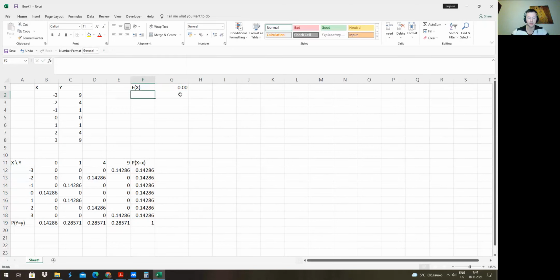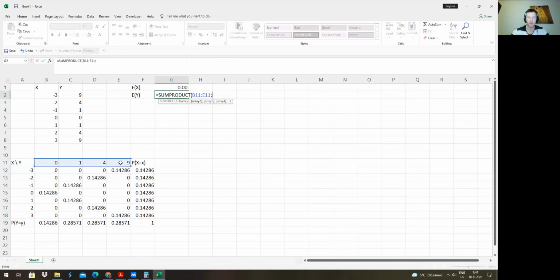So it must be 0. Now the expectation of y is what? This is the sum product of the values of y, which are just 4 values, and the respective probabilities. So the expectation of y is number 4. Must be right, exactly 4.